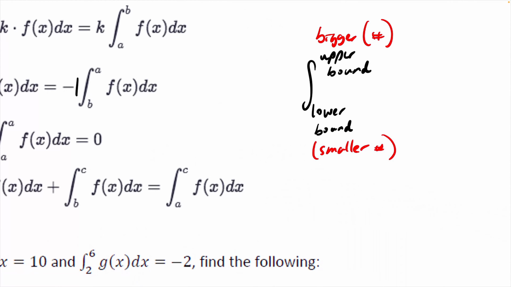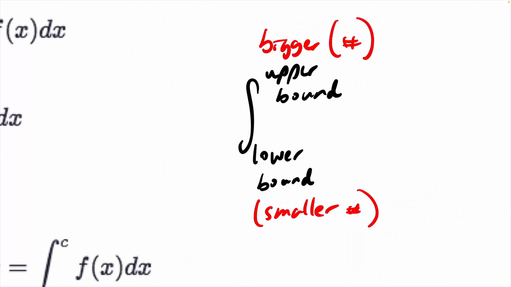Okay? For us to actually do the problem, we have to have the low number on the bottom and the big number on top. Sometimes you won't have that. Sometimes they'll switch it around. Sometimes they'll do something like 5 to 0, like that.